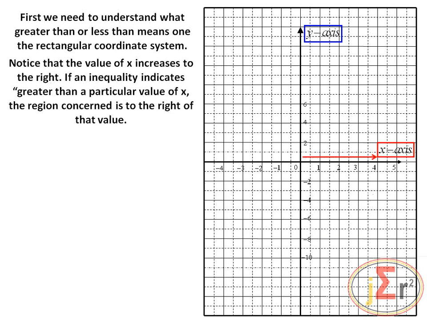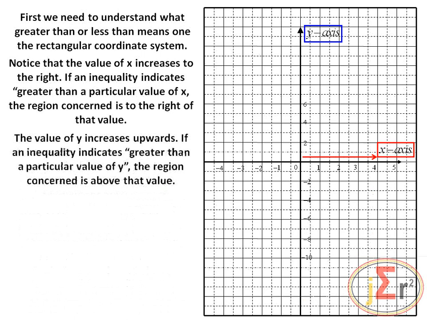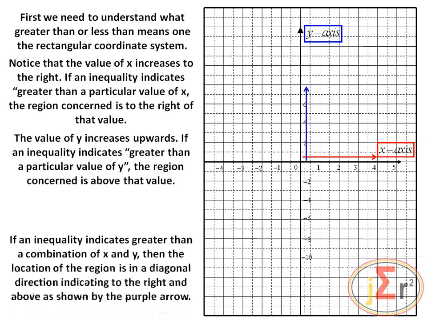So x increases in that direction. The value of y increases upwards. If an inequality indicates greater than a particular value of y, the region concerned is above that value, going up all the time for greater than a value of y.